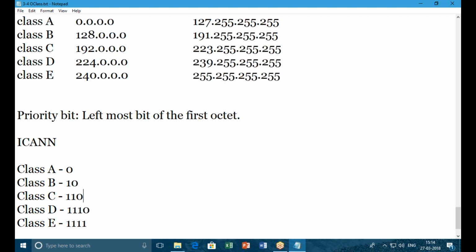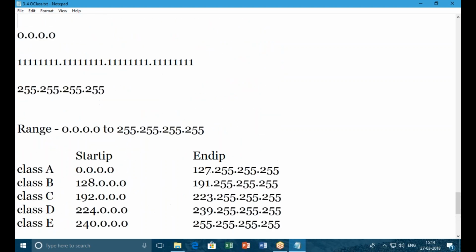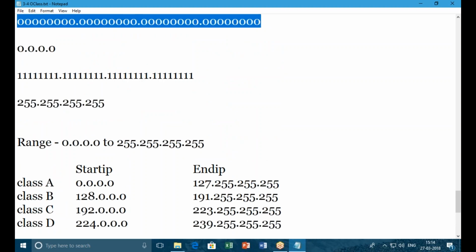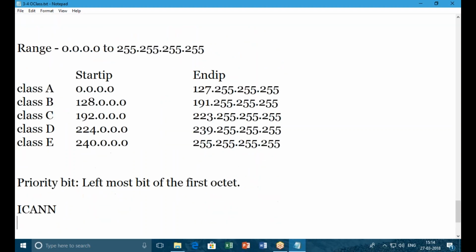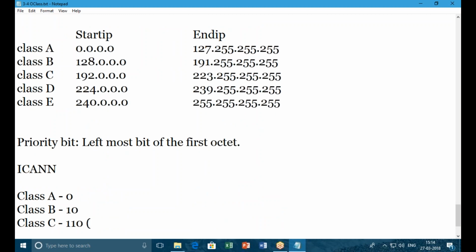Now let's see. I'm taking the example of class C. Take all bits as zeros. This is the first octet, and the leftmost bits.